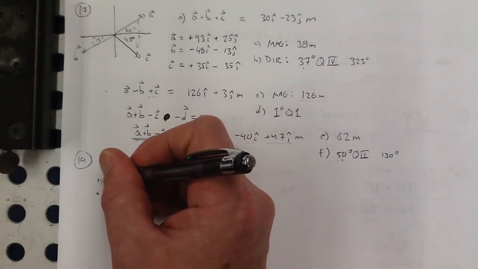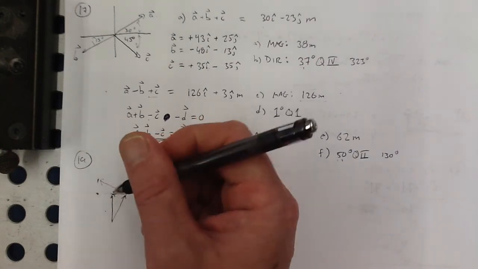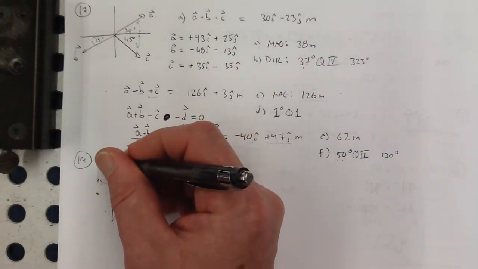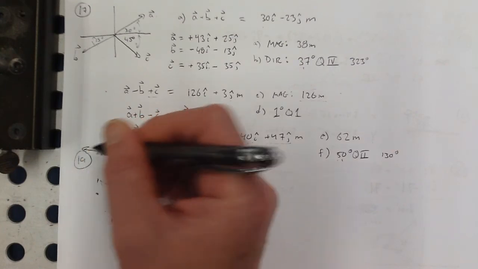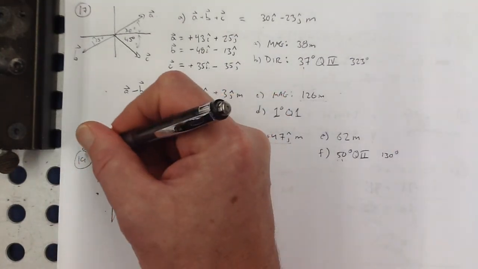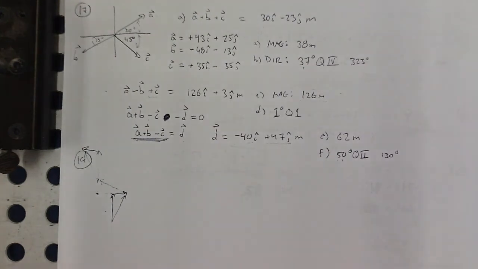And 2 squares forward, 1 square left. 2 squares forward, 1 square left. Into there. And they want to know the overall magnitude and angle relative to forward of the knight's overall displacement for the series of 3 moves.